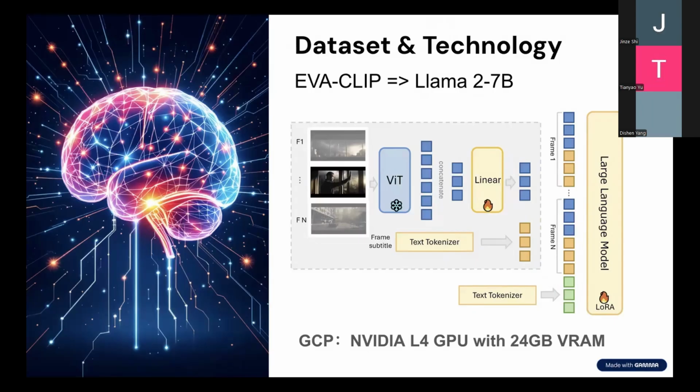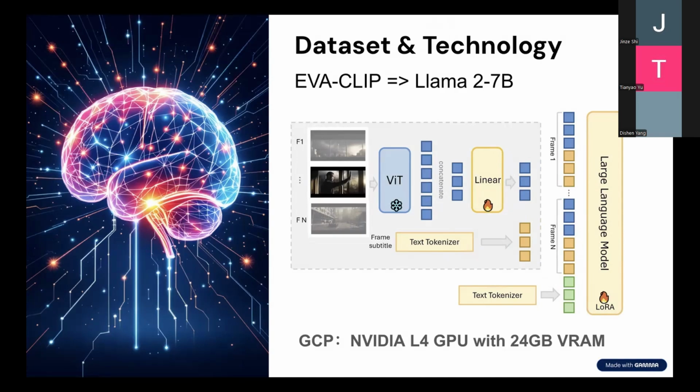Our goal is to build a multimodal model that can understand and reason about videos. So we select EVA-CLIP as the visual encoder and Llama 2 as the large language model. Our training focuses on the projection layer and LoRA. We mainly do our experiments on GCP using an L4 GPU with only 24 GB RAM.